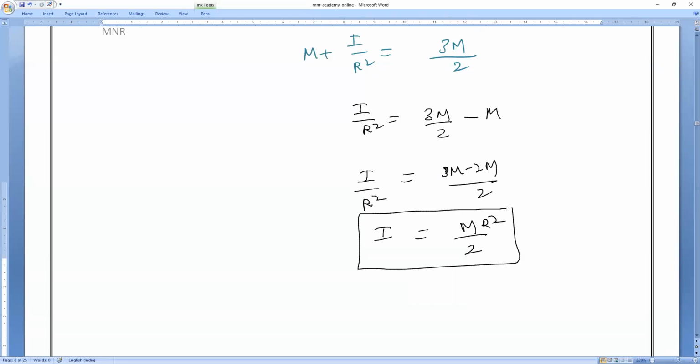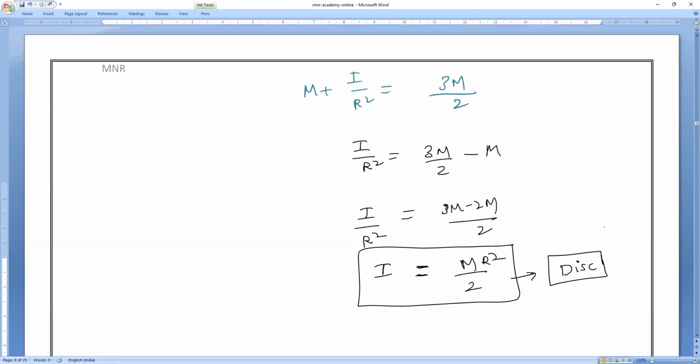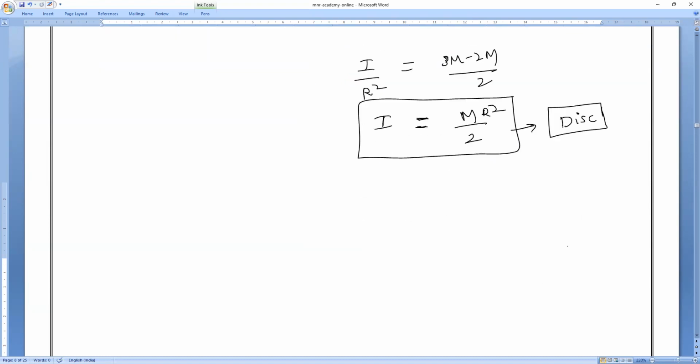What is that, guys? Disk. That's all. So it is either a disk or a solid cylinder, of course. Multiple options: disk, and for m r square by 2, another also will come. What is that, everybody? Solid cylinder also.